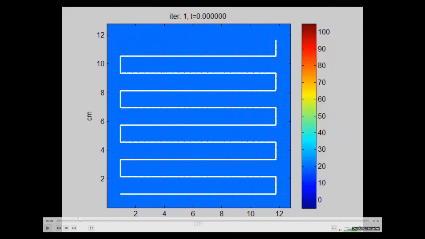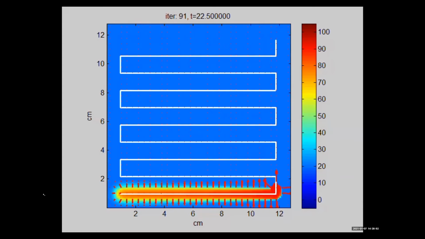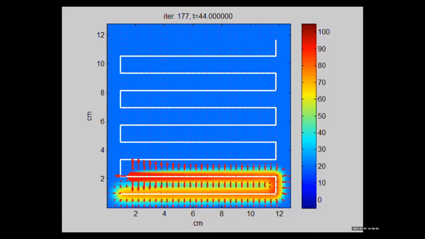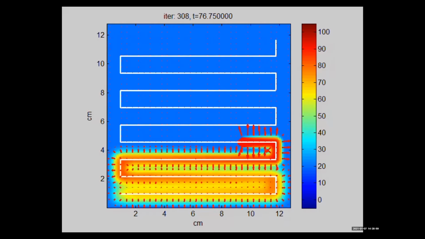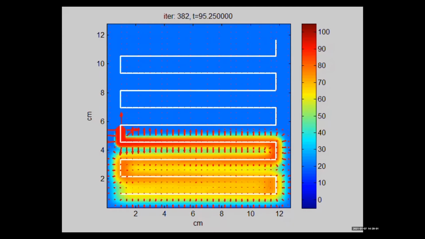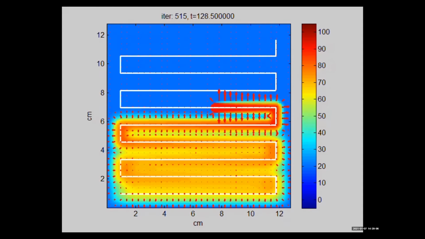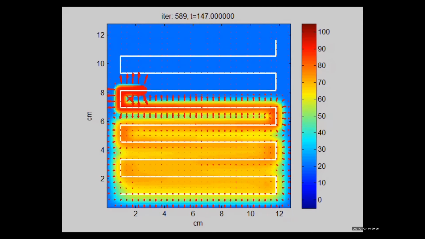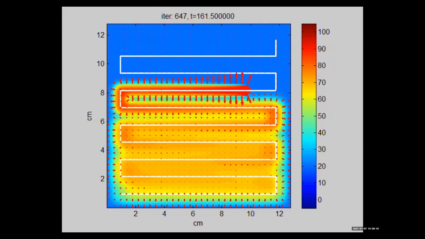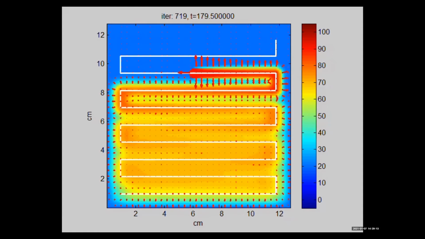So I'm just going to show you some of the videos of our simulations. So this is the simulation I showed you a few frames before. Simulation of a filament with some width being extruded on a two-dimensional domain. The filament is extruded at the temperature of 100 degrees Celsius, I think.